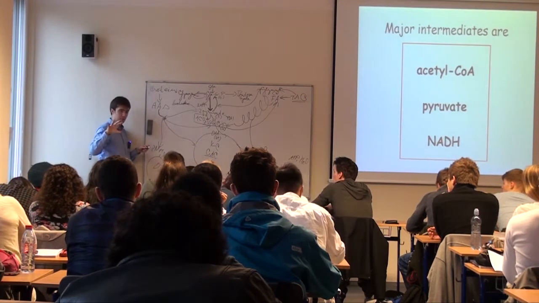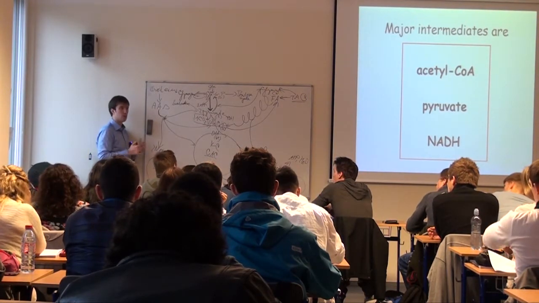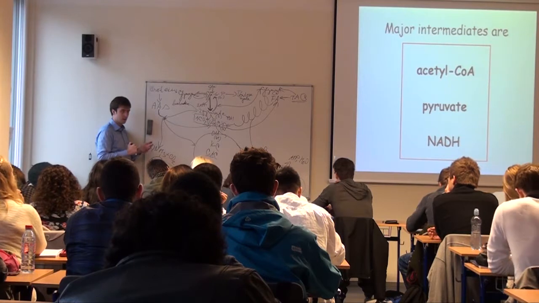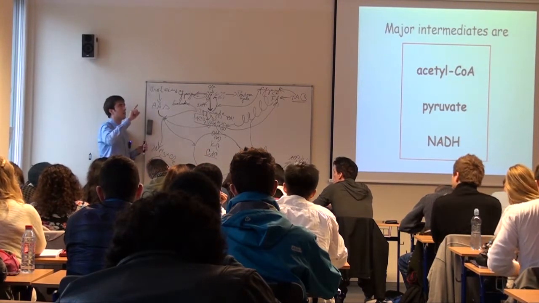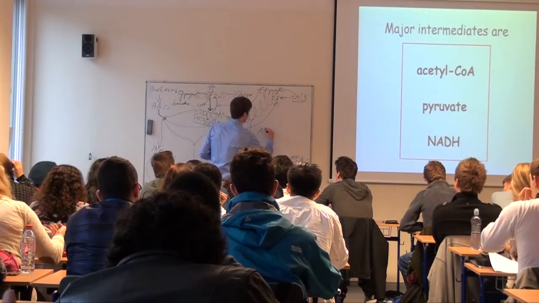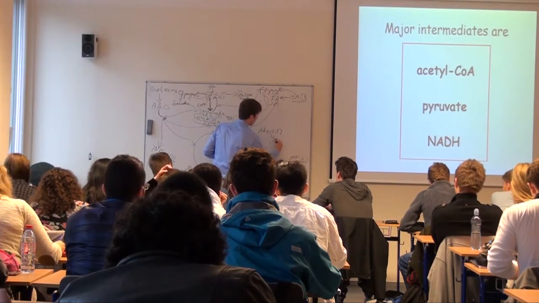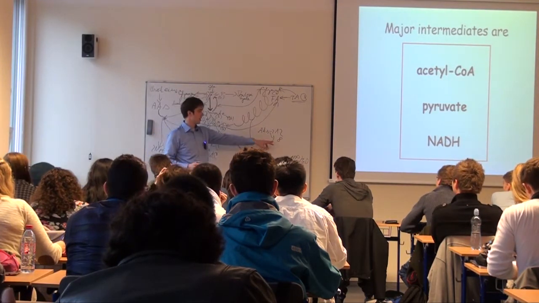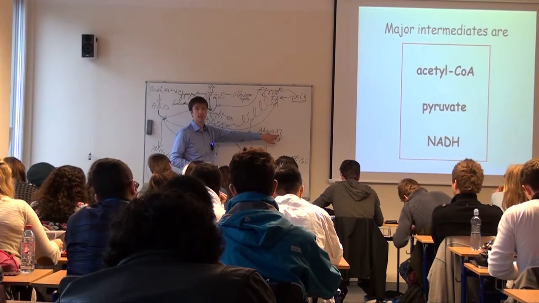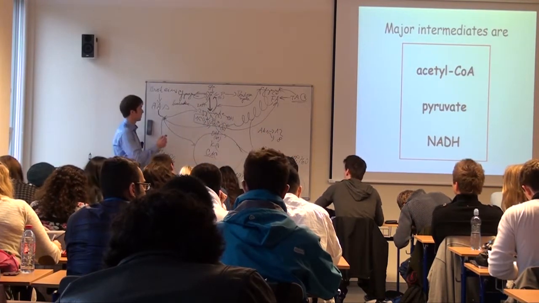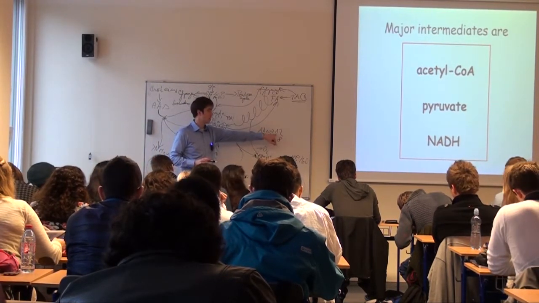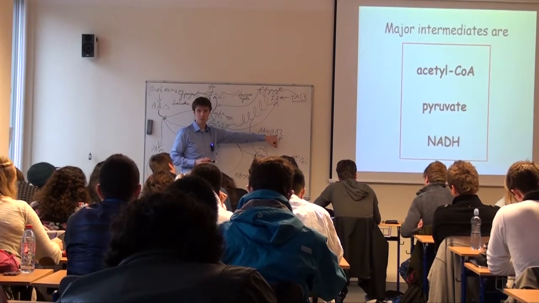But from those 20, we have 8 that we need to eat, that are called essential, and 12 that are non-essential. So 8 we need to eat, they are essential for our body, and 12 are non-essential, so we can synthesize them. So our body has degradation pathways for all 20, but we can synthesize in our body only 12.